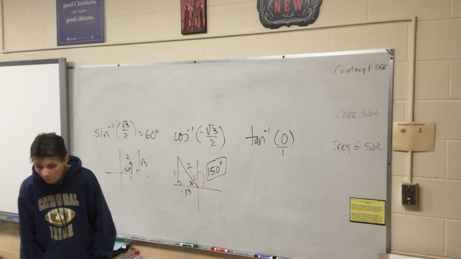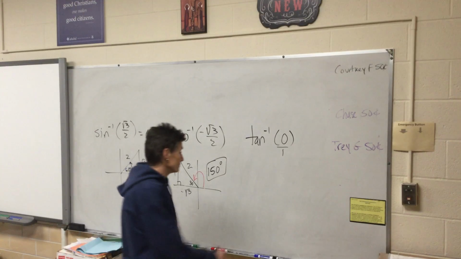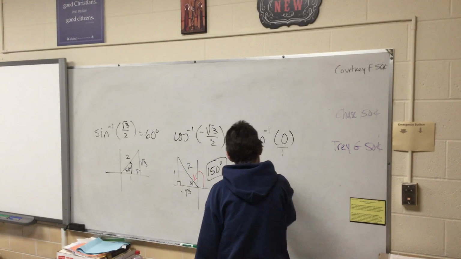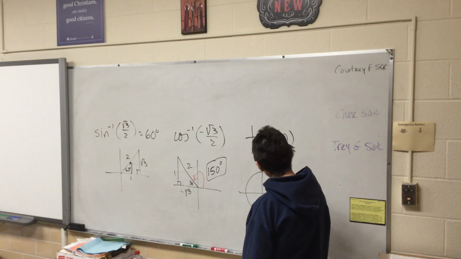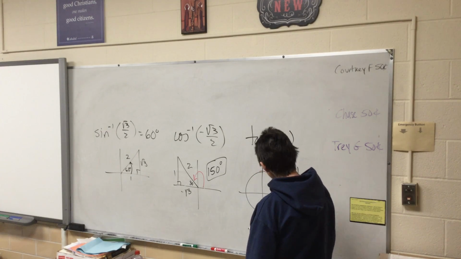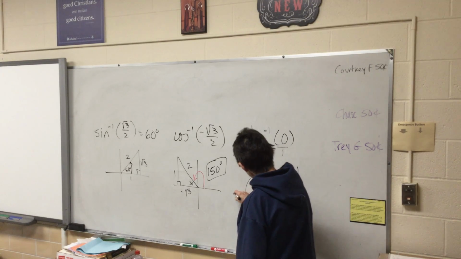No. What do I do if I can't draw a triangle? You gotta draw a circle. Exactly. So I'm going to draw my circle. I'm going to let the radius be 1, like I always do. And then I'm going to look at these points.